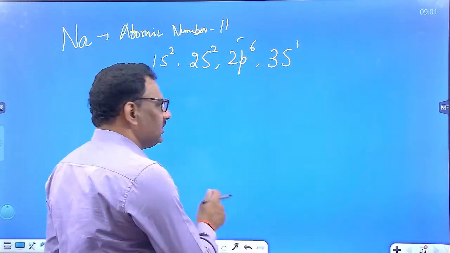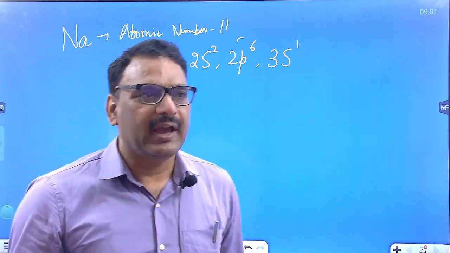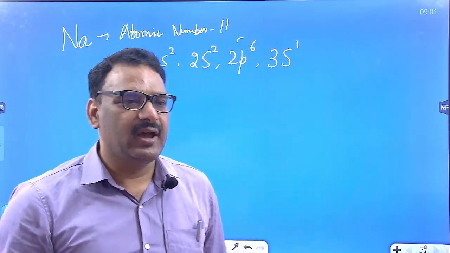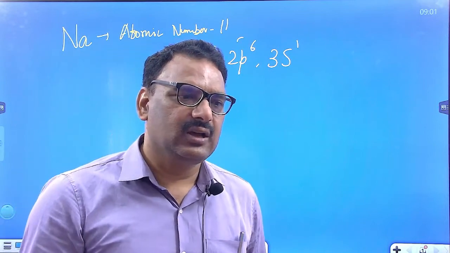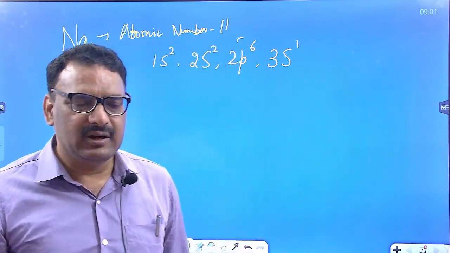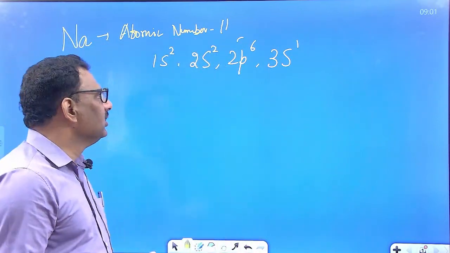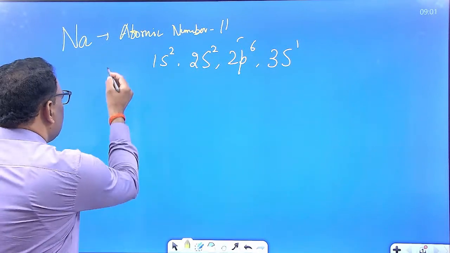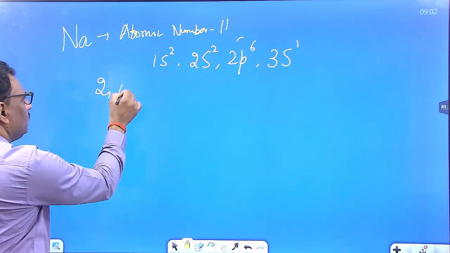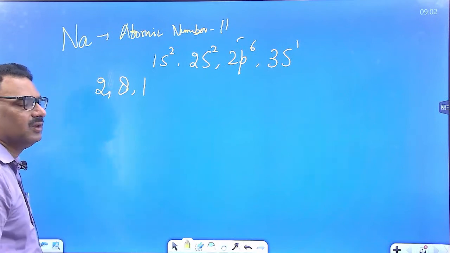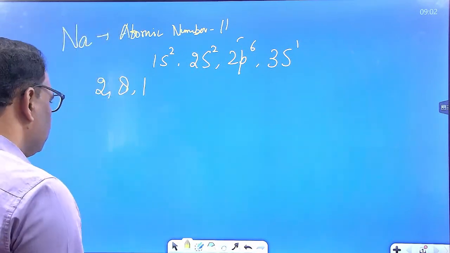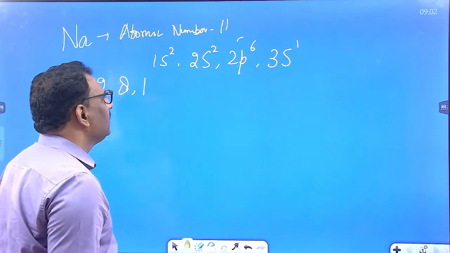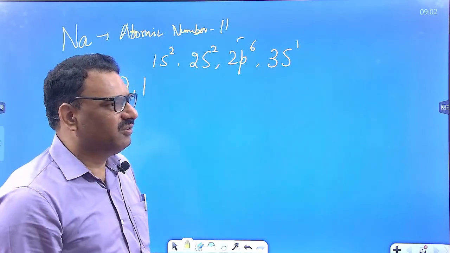So this is the SPDF nomenclature as per quantum physics: s orbital, p orbital, d orbital and f orbital. So in this, electrons are distributed 2, 8, 1. As per the Pauli exclusion principle, we can write this electronic configuration.